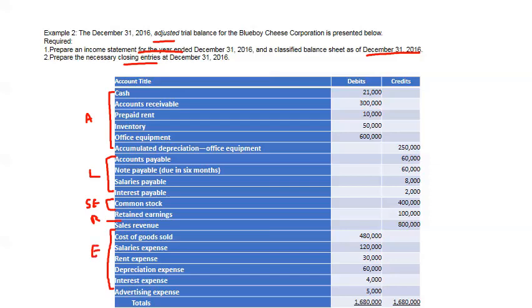All right, so the revenues and expenses get a different color here. Our revenues and expenses are going to go to the income statement, and our assets, liabilities, and stockholders' equity are going to go to the balance sheet.